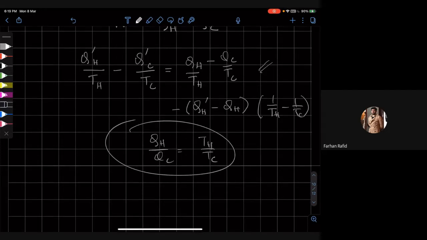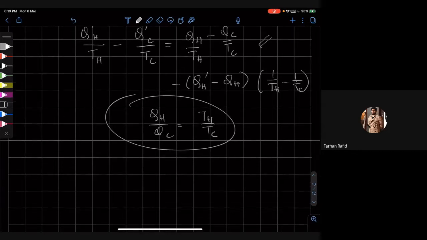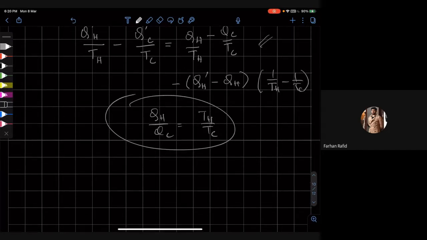Also, since the efficiency of the Carnot engine is greater than the efficiency of the other heat engine, you can show that Q prime is greater than QH.